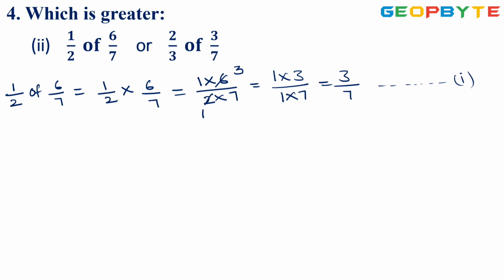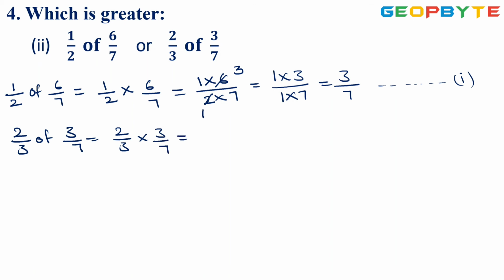Now, second one is 2 by 3 of 3 by 7. So of indicates that it's a multiplication. So 2 by 3 into 3 by 7.